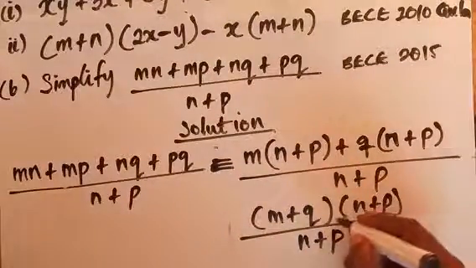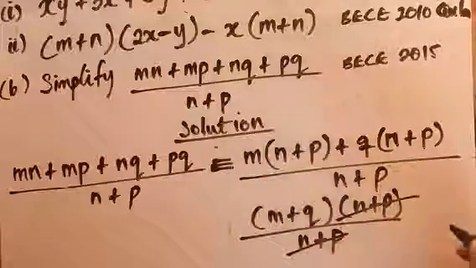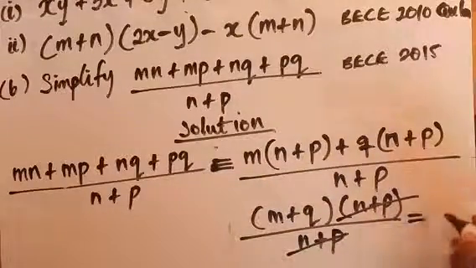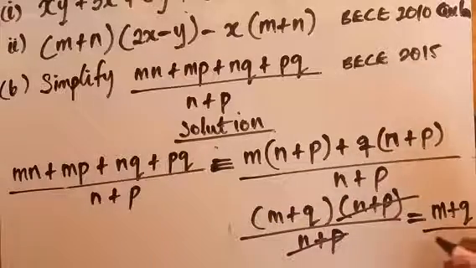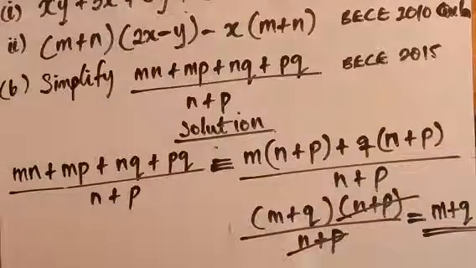There's n plus p here and n plus p here, so it will cancel, and my final answer will give me m plus q. Good. So we have been able to look at all the aspects of the quadratic and the factorization. Our next topic will be on linear equations and linear inequalities.